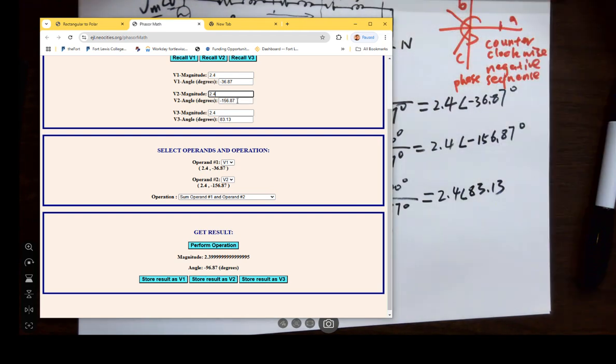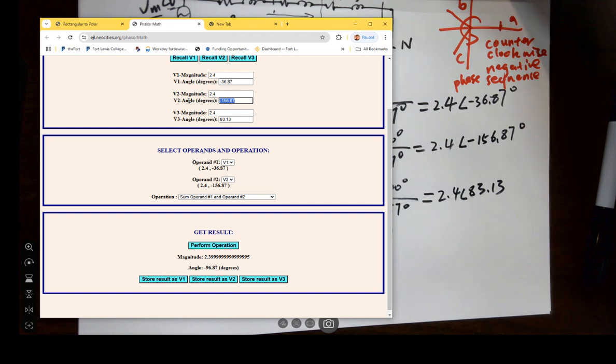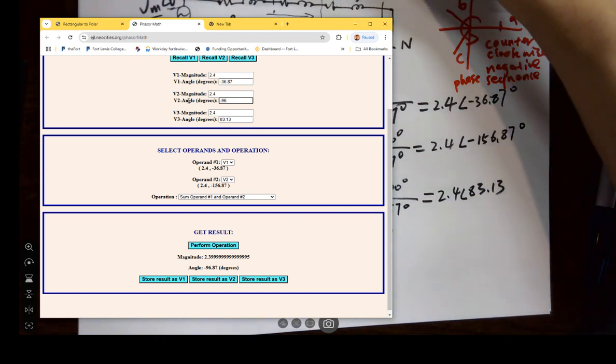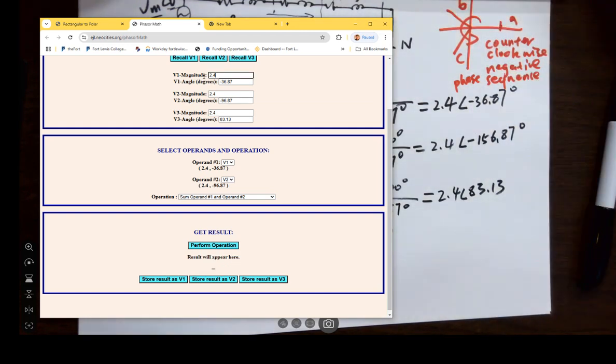It's almost 2.4, so let's directly use 2.4. So negative 96.87. So this time we are doing V2 plus V3. Okay, and sum. See what the numbers are.